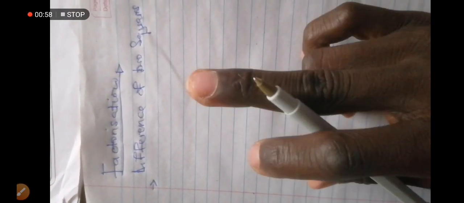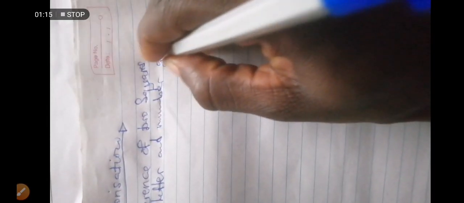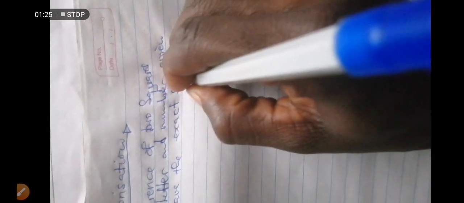In other words, it helps you know that the question you are looking at right now is a difference of two squares. Number one, the letter and the number given must have the exact square root.